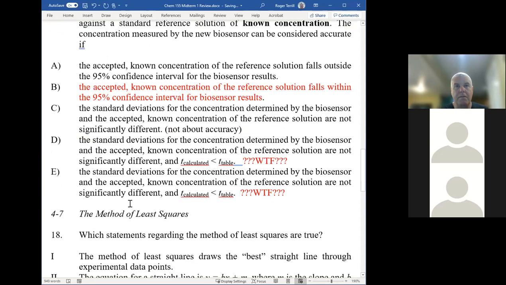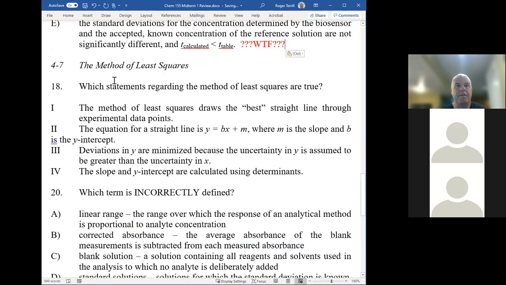So, method of least squares. The least squares draws the best straight line through data points. Yes, check. The equation for a straight line is y equals bx plus m. Not check, because the m is the slope. That's the intercept as it's written. So that's a plant.